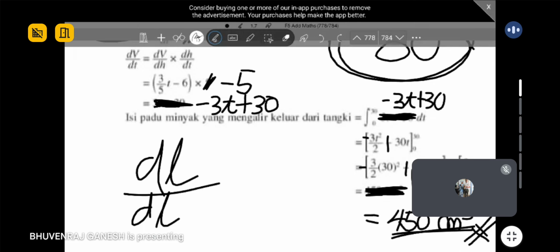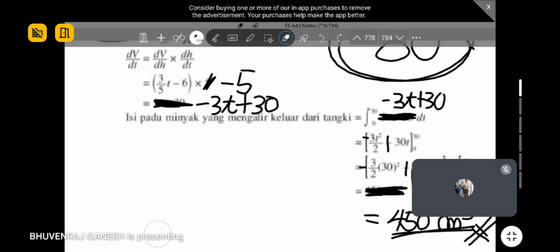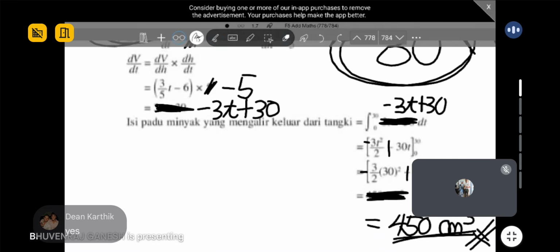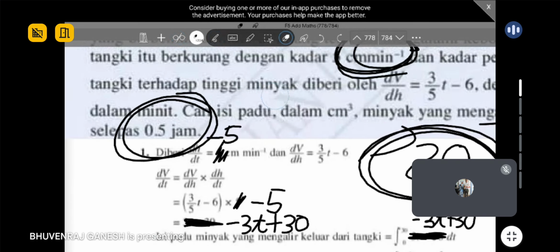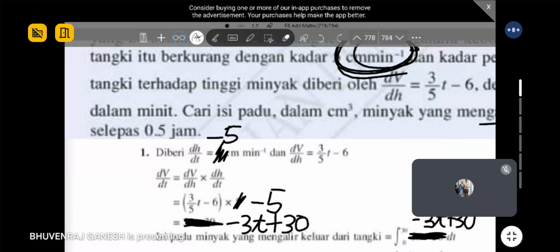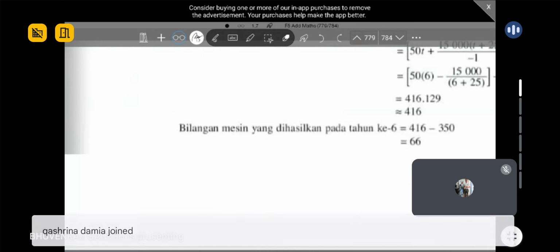You just modulus at the end to turn it to a positive value. Okay guys, are you all clear? Clear, huh? So both methods also can. Dua-dua pun boleh, as long as you give a logical answer at the end. Okay, so next one, we go to question number 2.